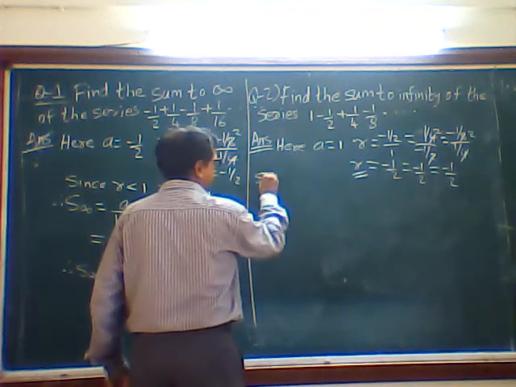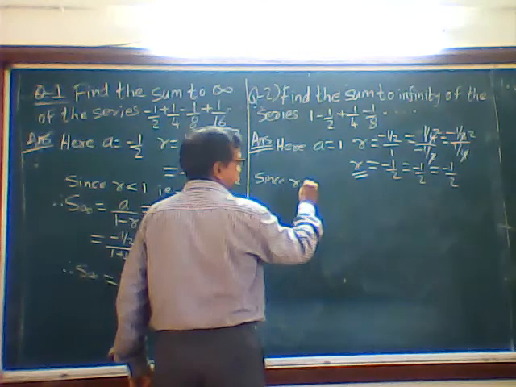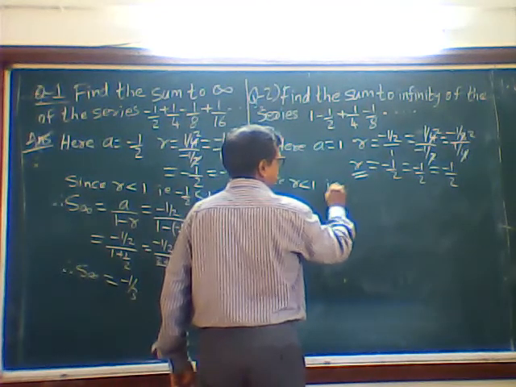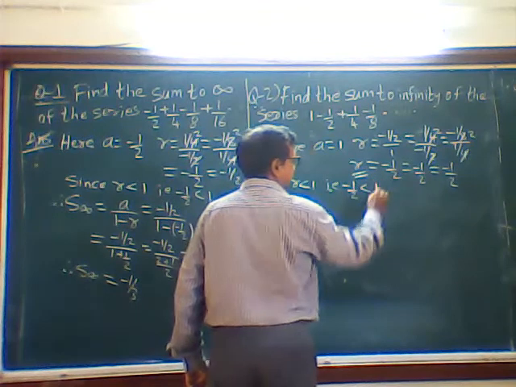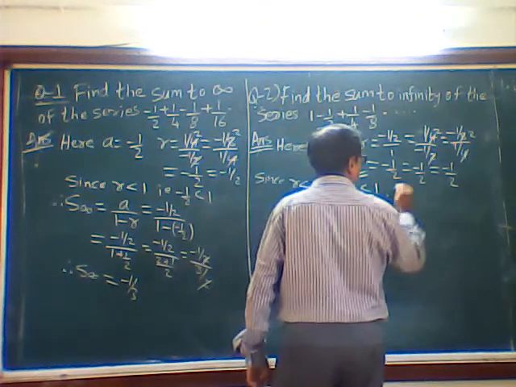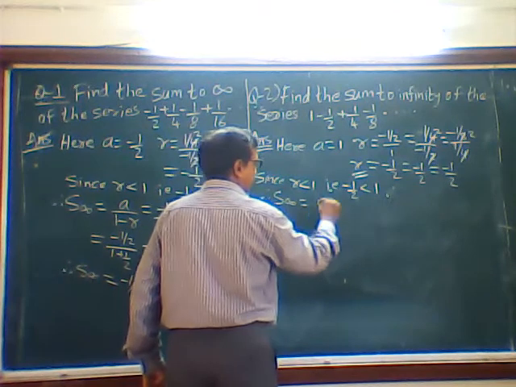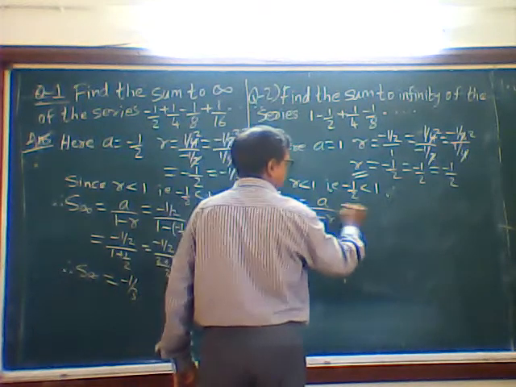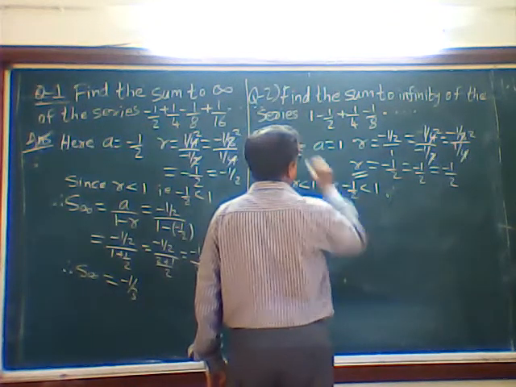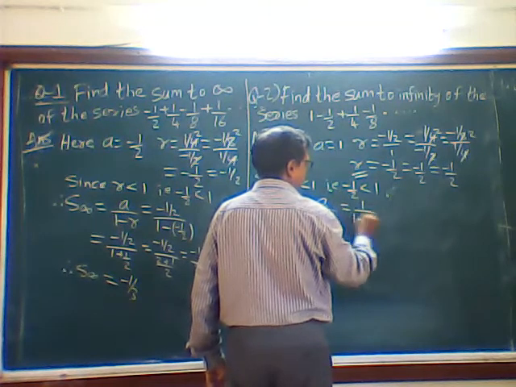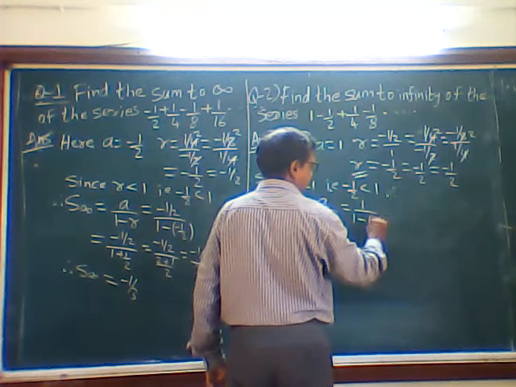Again same way, since r is less than 1, that is, minus half is less than 1, therefore, okay, I will write the formula. Therefore, S infinity is what? a upon 1 minus r. Okay, what is a here? a is 1. 1 minus r is 1 minus minus half.